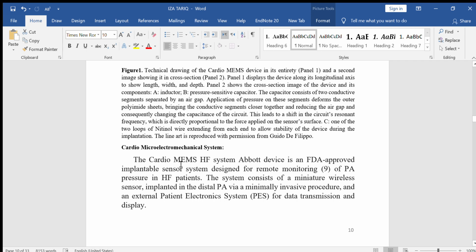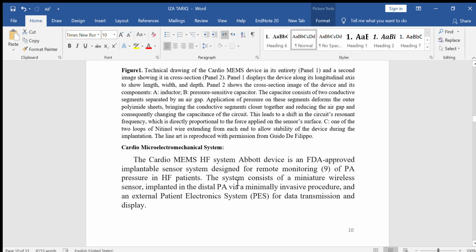The CardioMEMS device is used in heart failure, and it is a microelectromechanical device approved by the Food and Drug Administration. It is an implantable sensor system designed for remote monitoring of pulmonary artery pressures in heart failure patients.